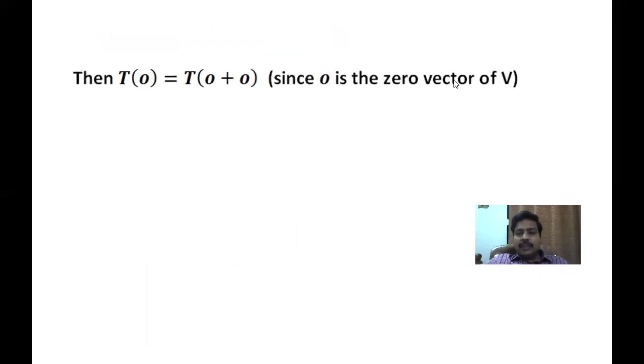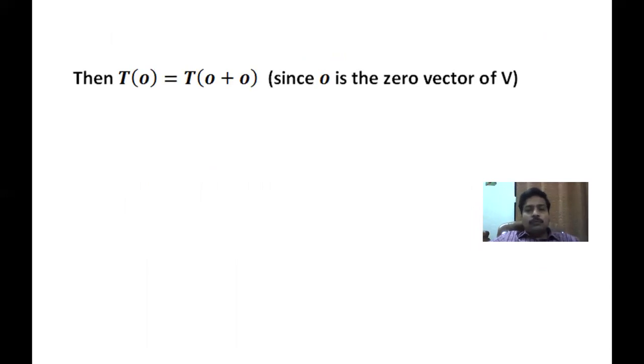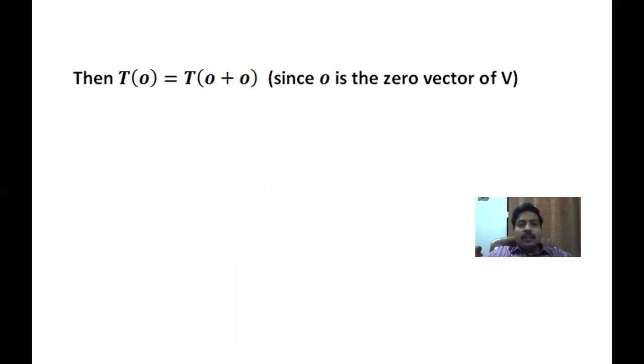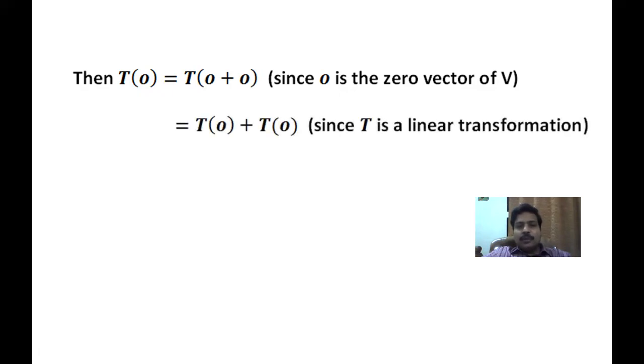Then T of O, where O is the zero vector in V, is equal to T of O plus O. Since O is the zero vector of V, zero vector can be written as O plus O, and O plus O is again O. That is why we can write T of O is equal to T of O plus O. Now it is in the form of T of u plus v.